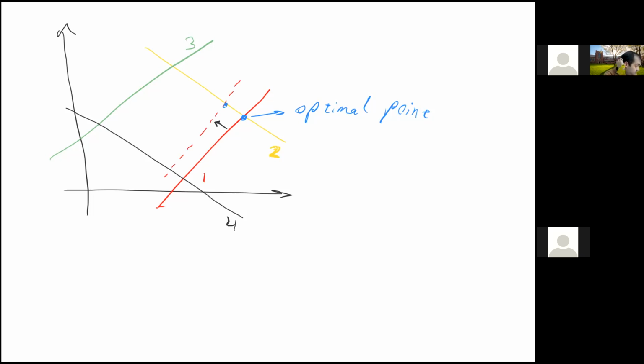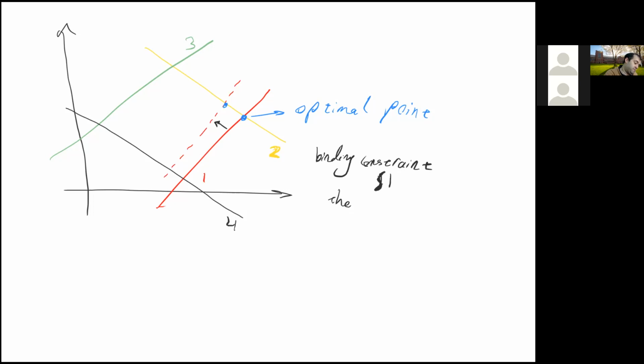Basically, when we talk about a binding constraint, it is synonymous with saying that its shadow price is different from 0.